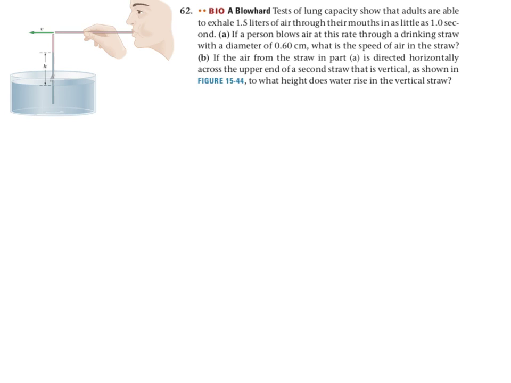So we're going to essentially use a dimensional analysis, and we're going to say that the volume that passes through the end of the straw in some amount of time.